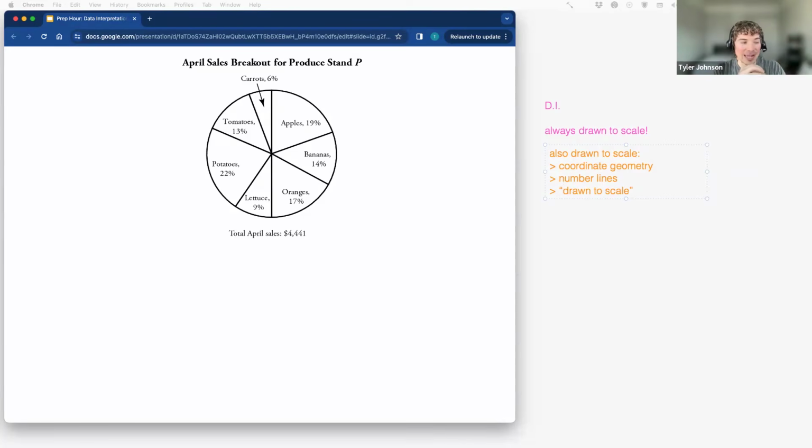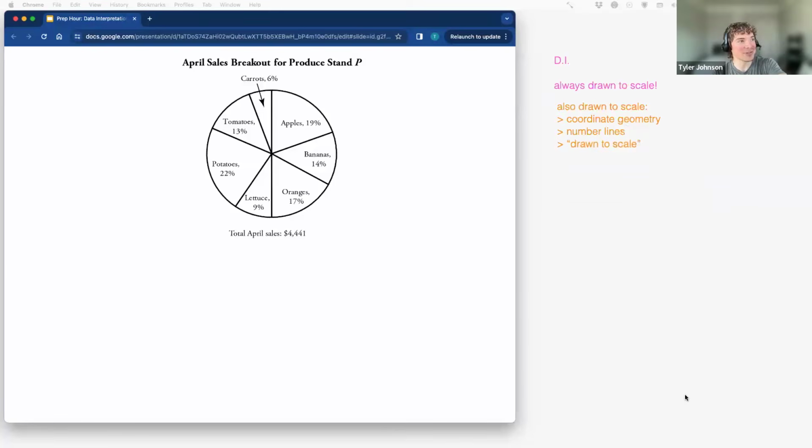You want to play with the interpretation of the shape. Like if they tell you that something is a rectangle, recognize that could also be a square, right? It doesn't have to be a non-regular shape. So if you don't know that about the GRE, look it up. There are lots of videos out there about geometry and how deceptive those figures can be, but not the case on data interpretation. You do get to trust your eyes here.